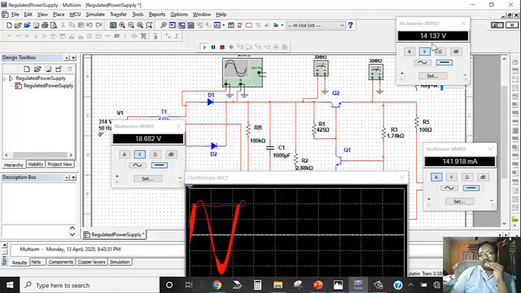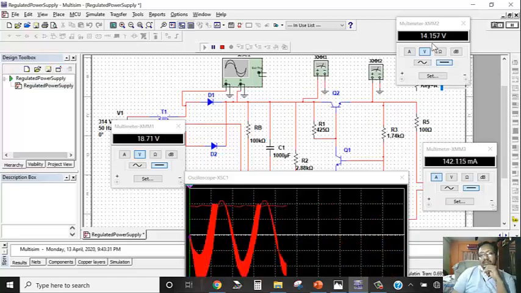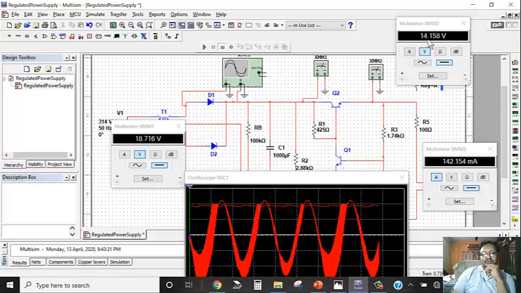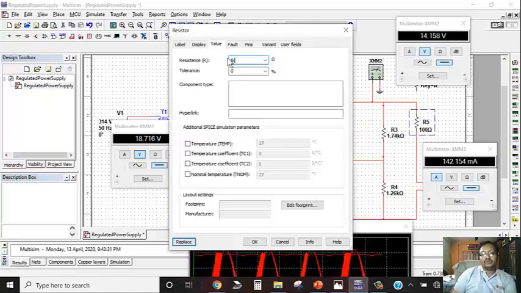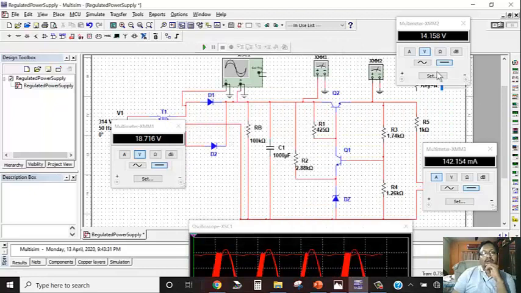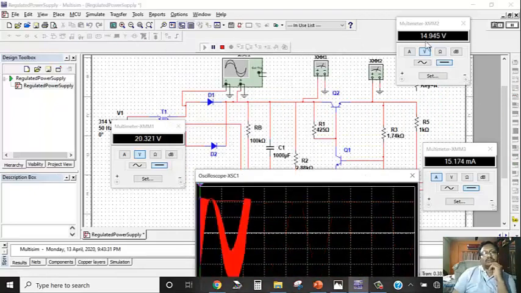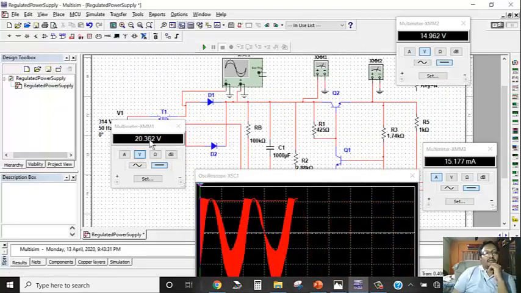The load current is very high, that's why we are not getting a regulation. If you increase the load resistance or if you decrease the load current, in that case you may get some better performance. Just by setting 1 kilo ohm load, check the performance. Regulated output voltage is about 15 volt and unregulated voltage is 20. Everything as per our expectation.